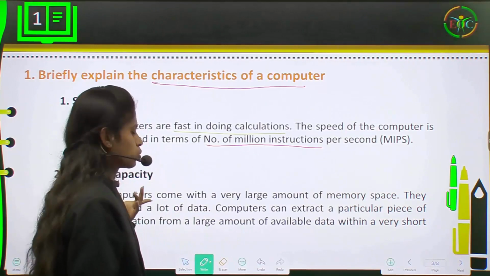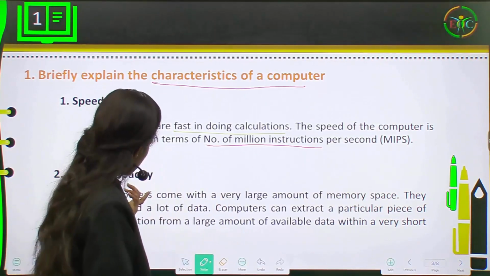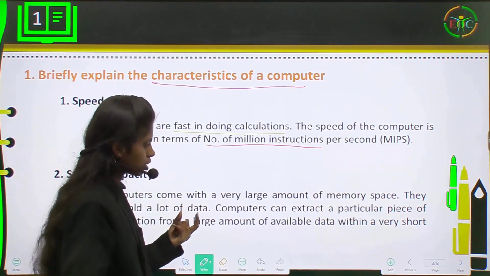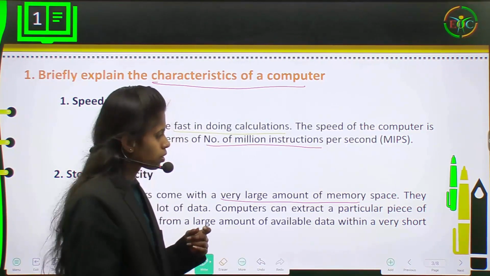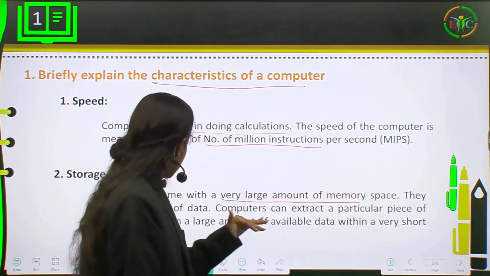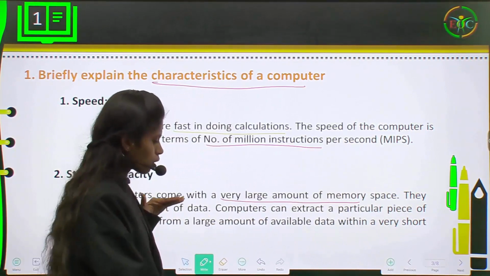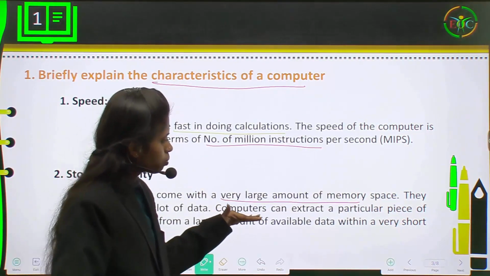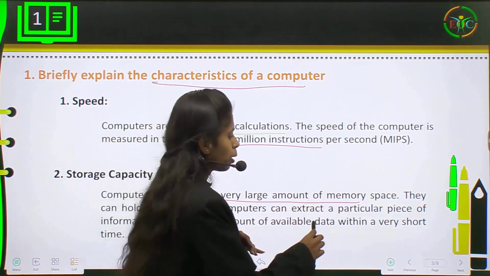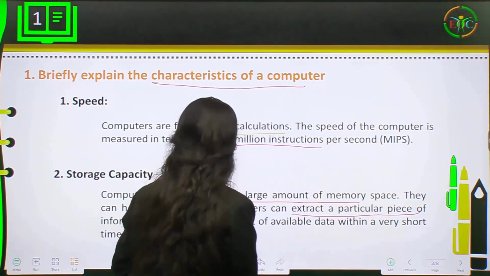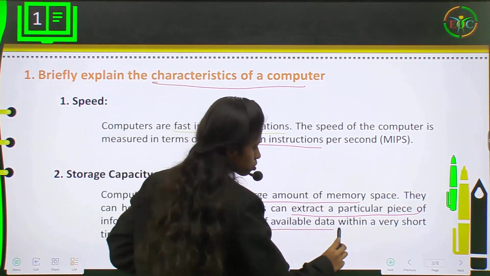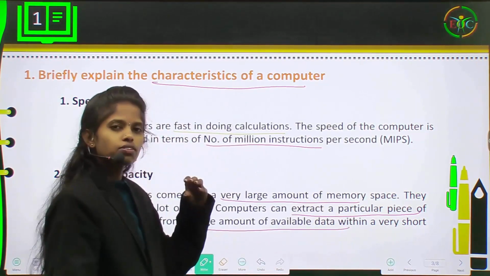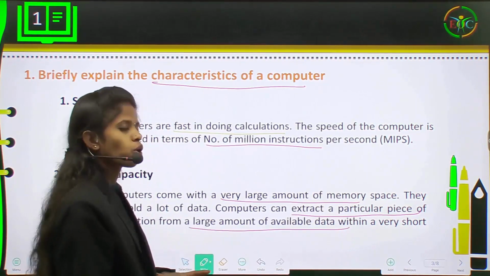Next comes the storage capacity. Computers come with a very large amount of memory space. They can hold a lot of data. Computers can extract a particular piece of information from a large amount of available data within a very short time.